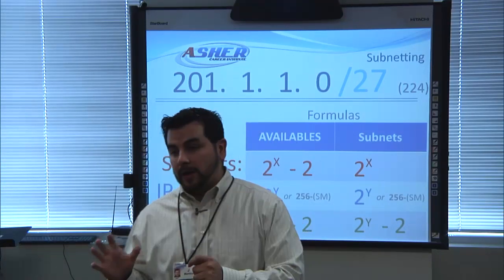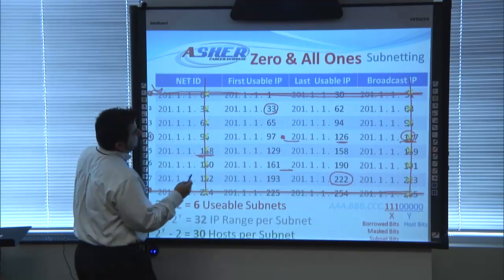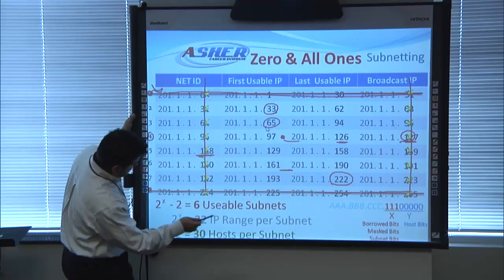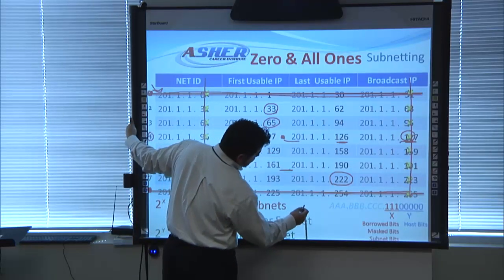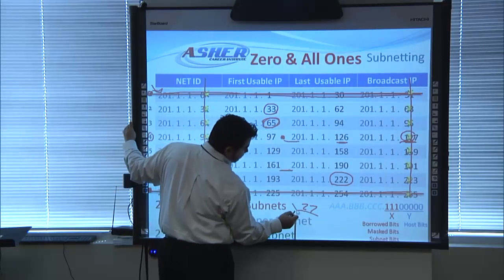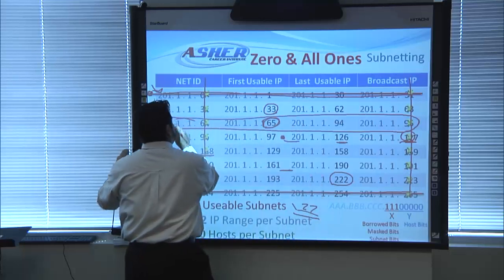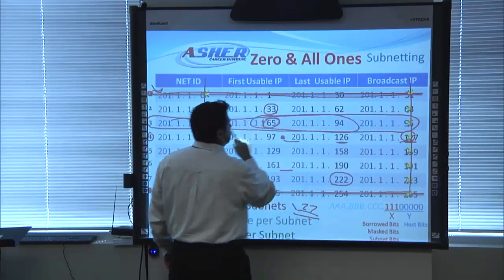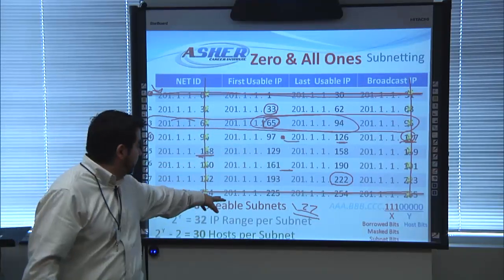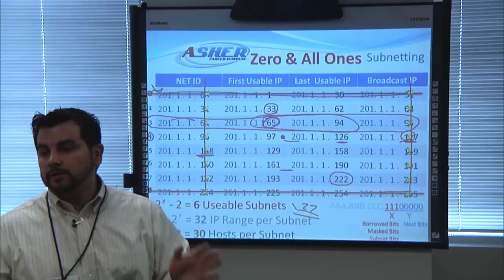What you could do is go to the router and tell the router, hey router, by the way, you're 65 and you are in a subnet mask of 27, and the router is going to know, oh, if this is me and my CIDR notation is 27, that means that we've got this going on and I can only use these guys right here. So the router knows all that by you putting that information there. Or, instead of giving the 27, you can tell him you're 255.255.255.224, and then he knows everything else.